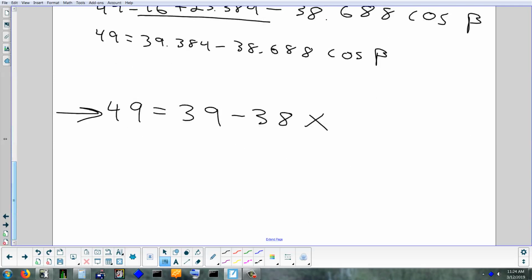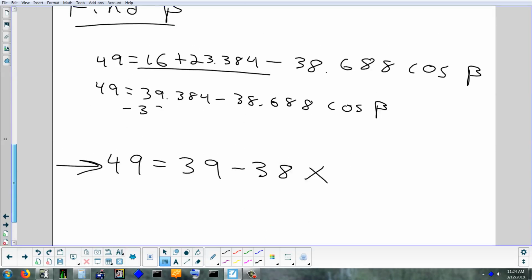Subtract 39. Yes, subtract the 39. Don't do 39 minus 38. You can't. 39 and 38 are not like terms because of the thing you don't know. Okay, so bring the 39 to the other side. Subtract it.